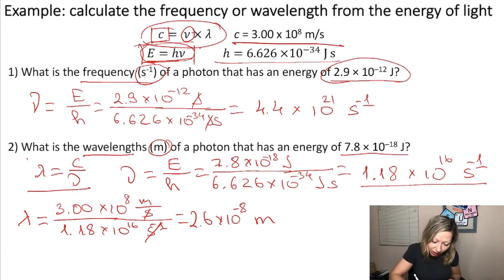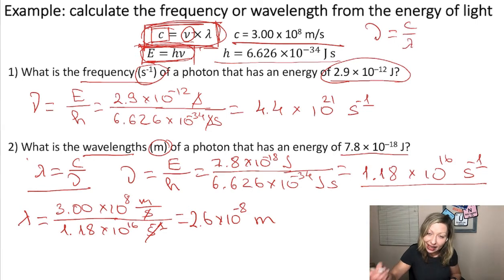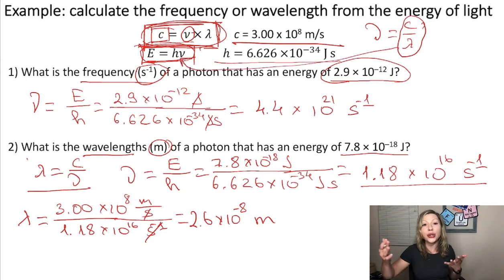So we actually solved from this equation right here for the wavelengths, but now we are going to solve for the frequency. So from this equation, the frequency equals the speed of light divided by the wavelengths. And I can take this expression and plug it in here to this part of the frequency.